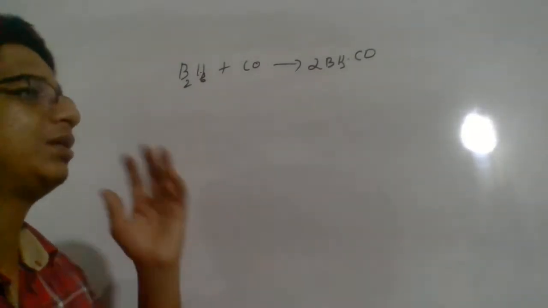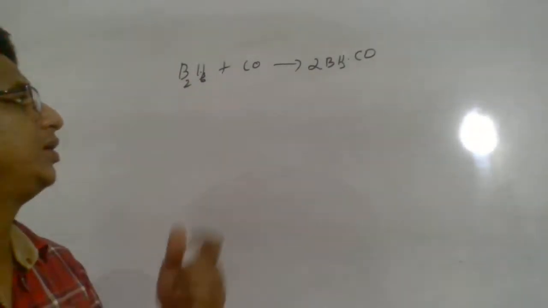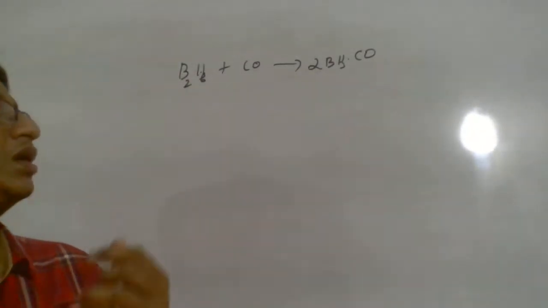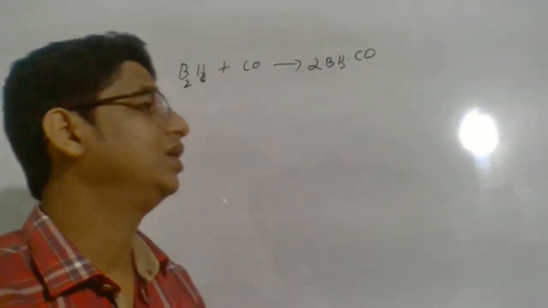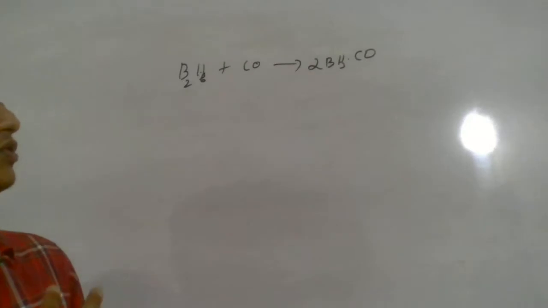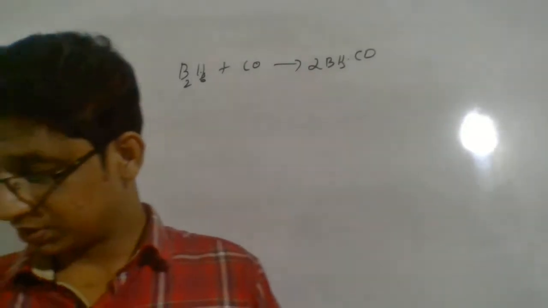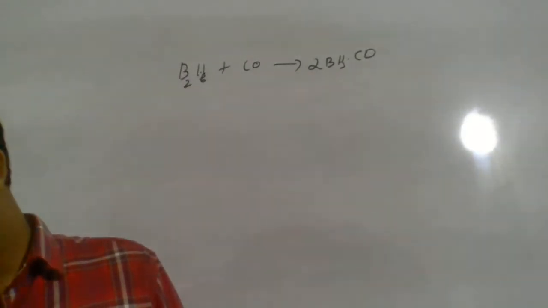Here carbon forms a coordinate bond with the boron atom. Carbon monoxide acts as a Lewis base and donates a pair of electrons to boron. That type of bonding we call an adduct.